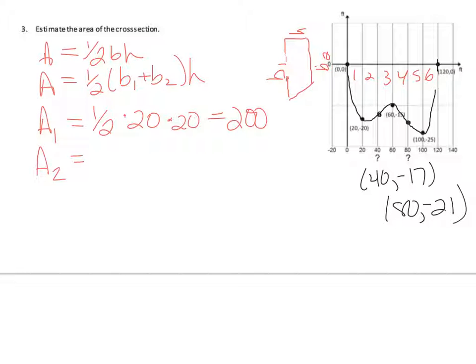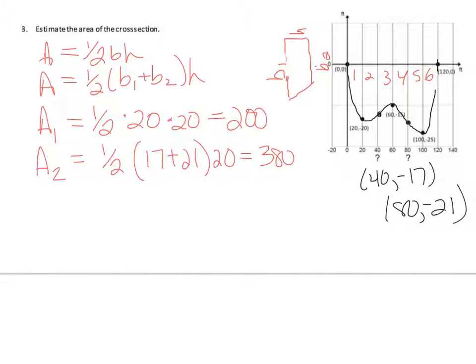So for this first one, I have 1/2. Base 1 is 17. Base 2 is 21. It doesn't matter what order because you're adding, times your height, which is 40 minus 20, which is 20. Let me calculate that. 0.5 times the sum of 17 plus 21 times 20, and I get 380.